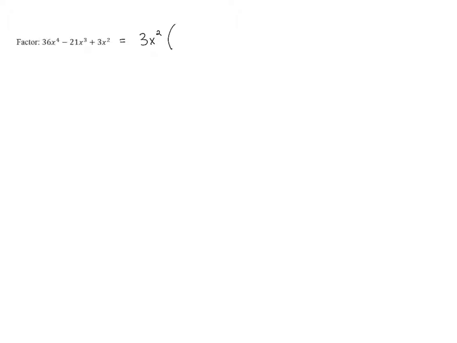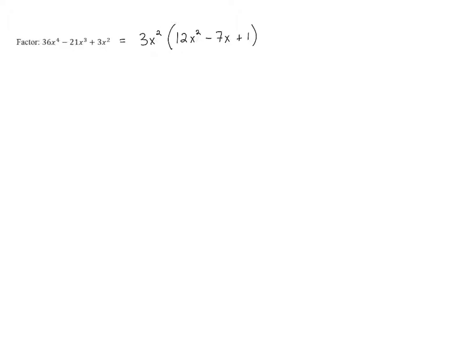If we do that, the leftovers that we have are going to be 12x squared minus 7x plus 1. So we end up with 3x squared times 12x squared minus 7x plus 1.